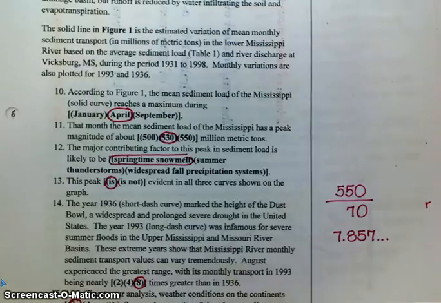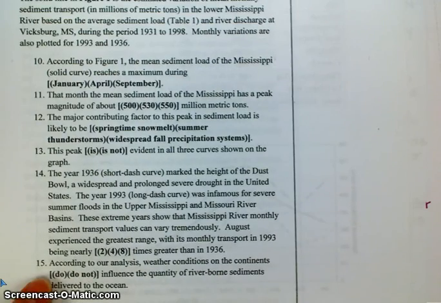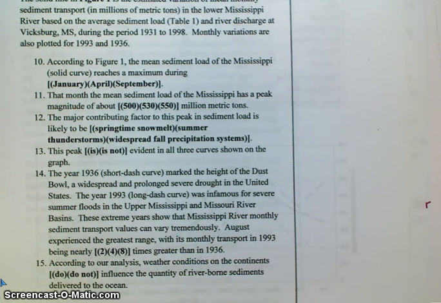Last but not least, according to our analysis, weather conditions on the continents do or do not influence the quantity, the amount, of riverborne sediments delivered to the ocean. Well, weather conditions on the continents definitely do influence the amount of sediments that are delivered to the ocean. So you're going to want to circle do.